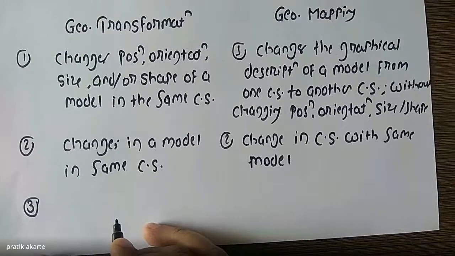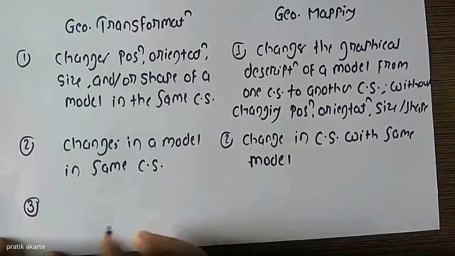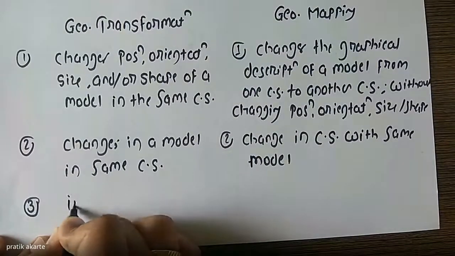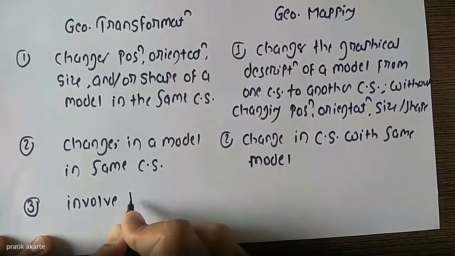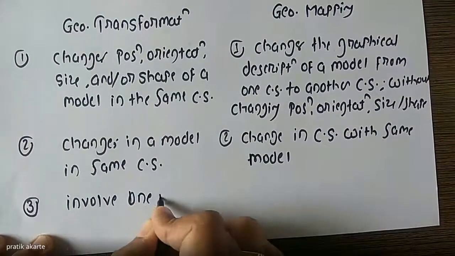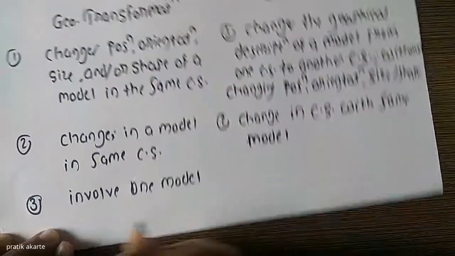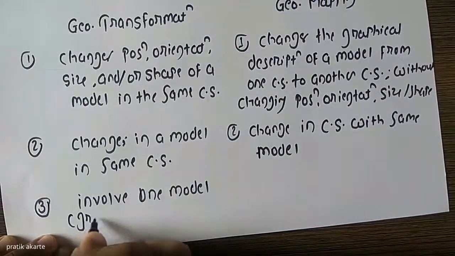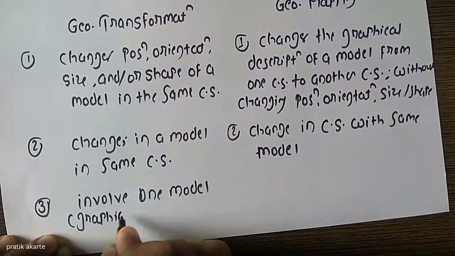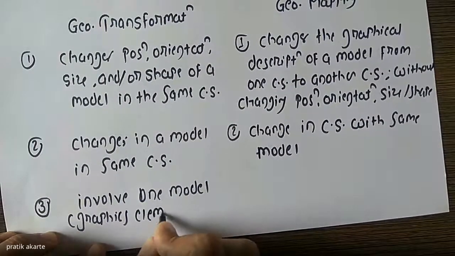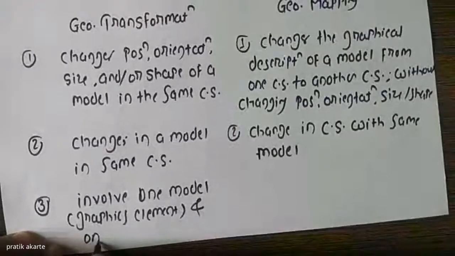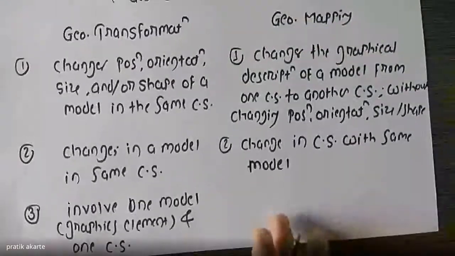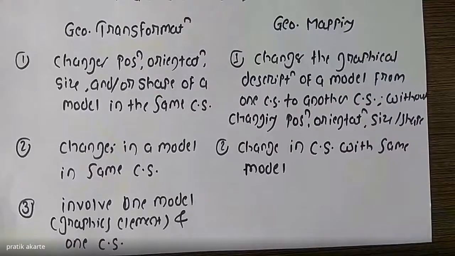The third and important one. Geometric transformation involves one graphic element, or one model, and one coordinate system.